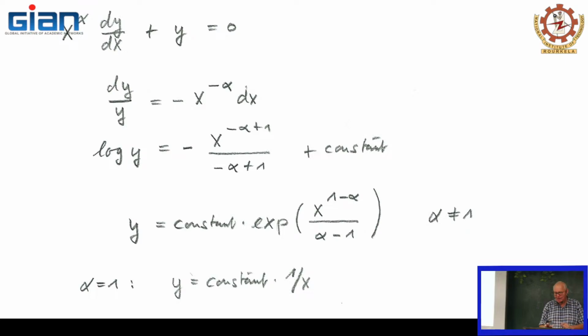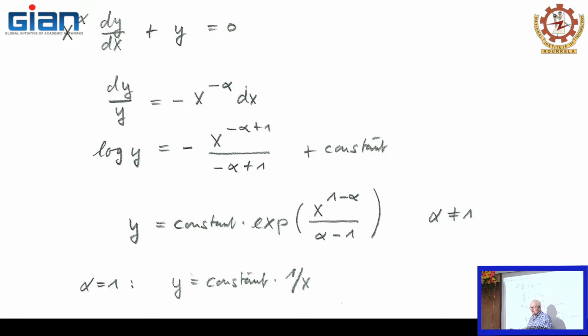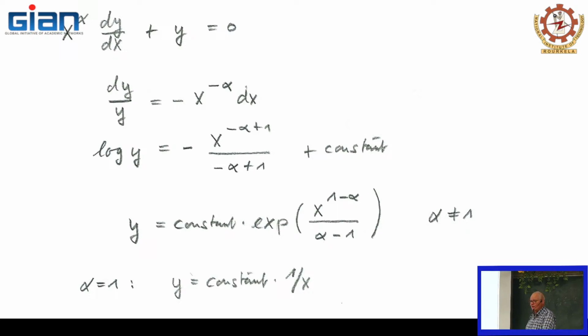This is an example for an irregular or regular singular point, depending on whether the coefficient of the highest derivative vanishes faster or less fast than the power of the order of the differential equation, which is here of first order.